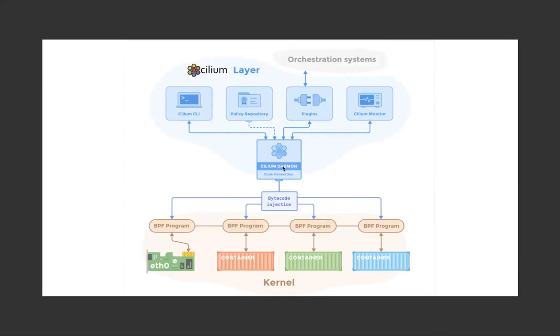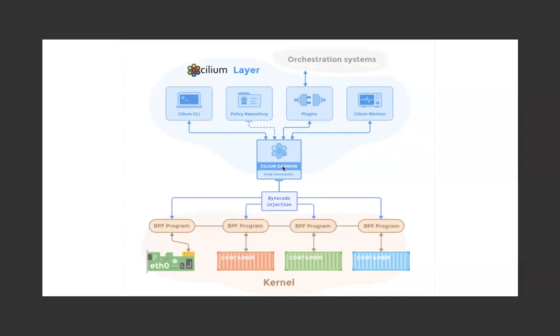Cilium runs as an agent. It's written in Golang, Apache licensed, and it runs as a daemon set on all of your worker nodes. It will sit there and connect to the API server, and it will listen for Kubernetes network policy. It will listen for new pods starting on the local node.